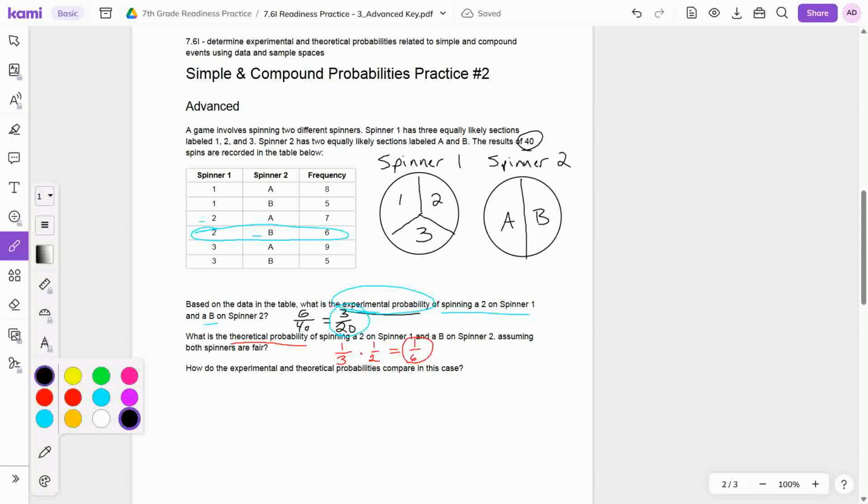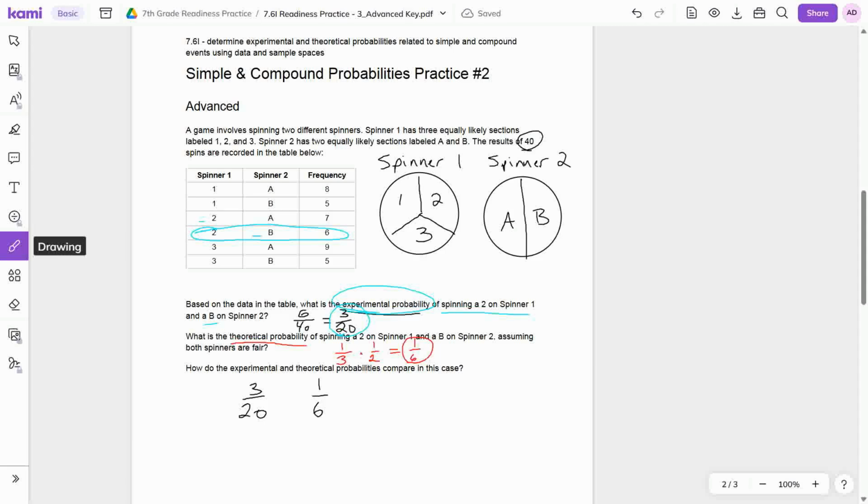So we want to compare our 3/20. That's our experimental, and our theoretical 1/6, right? Well, we can compare it a few different ways. We can make them into decimals, right? We can change into same fractions, right? So I know that 1/6 is, I'm going to do percents. There's more than one way to do it.